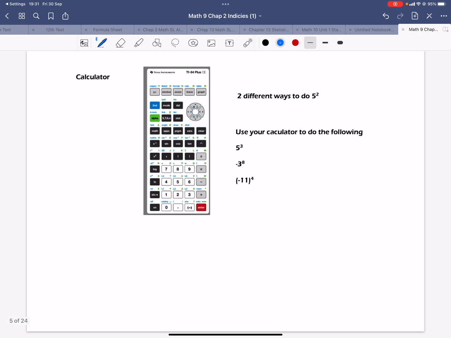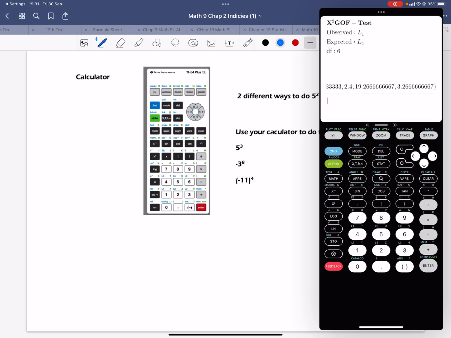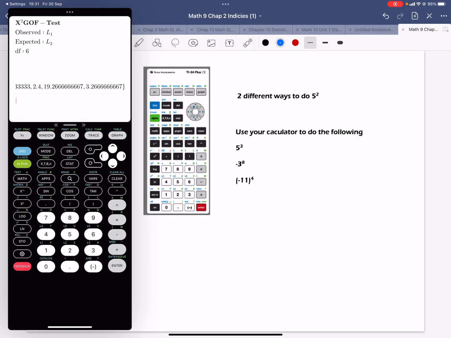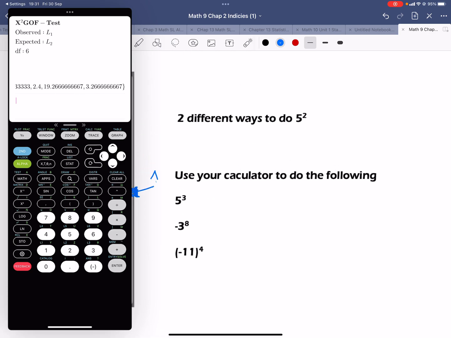All right, so our calculator, we do have an exponent on here. The exponent is right there. We call this a caret. Okay, so as I'm putting these in, you need to make sure you guys do this. We have two different ways to do 5 squared. You can do 5 to the 2.